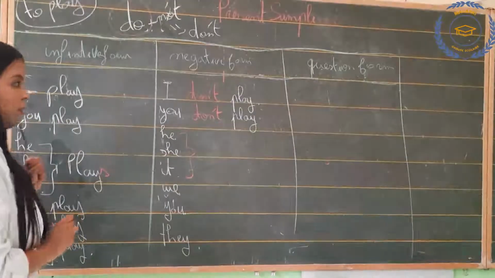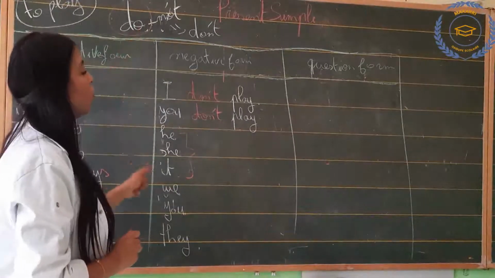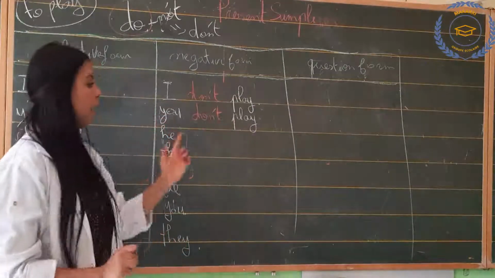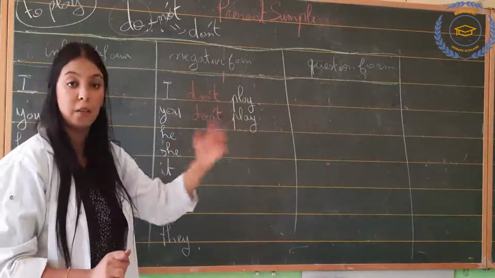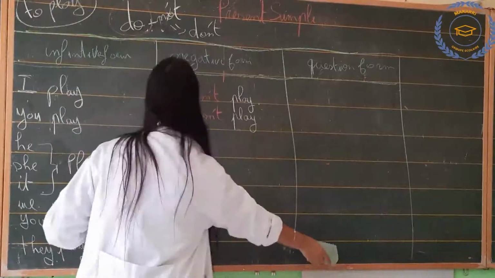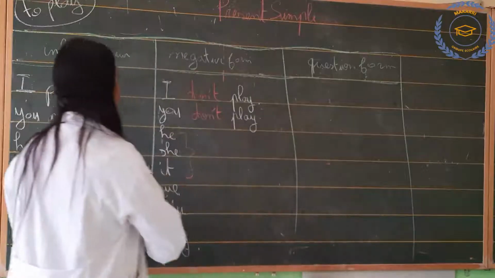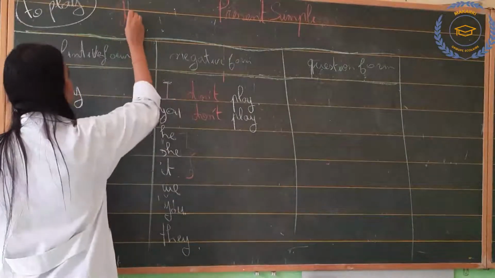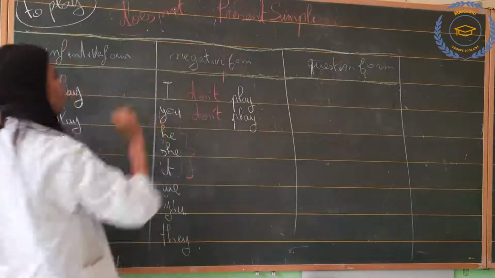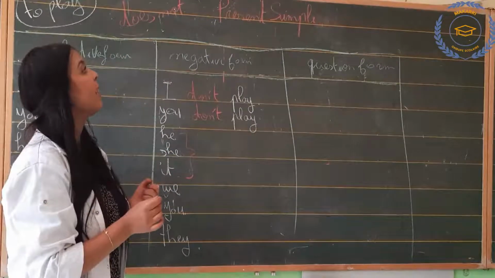So we will go from do to does not. He does not. She does not. It does not. And the contracted form, I'm going to write it on the board. Does not. The short form of does not is doesn't.